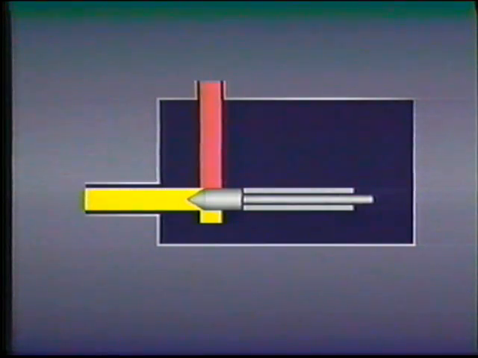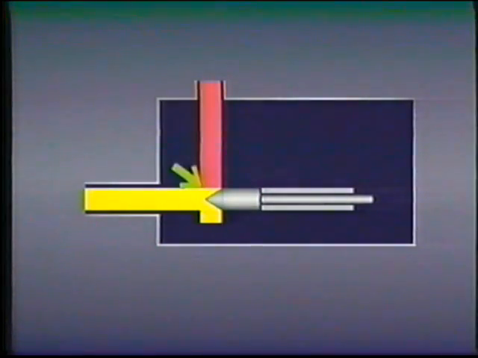The opposite is true if the fluid is cooler than normal. The rod contracts, increasing the orifice size. Because the cold fluid has a higher viscosity and does not flow as easily, the same amount of fluid passes through the orifice.